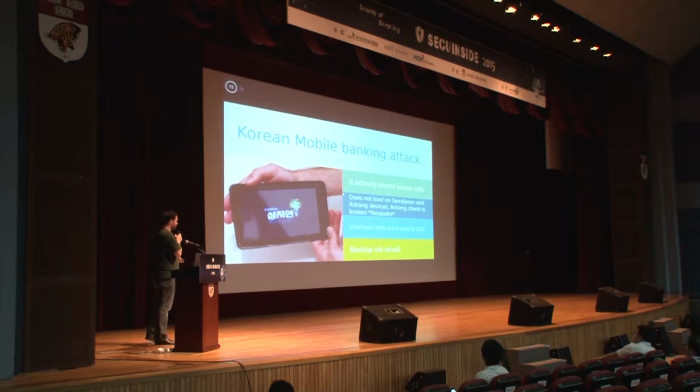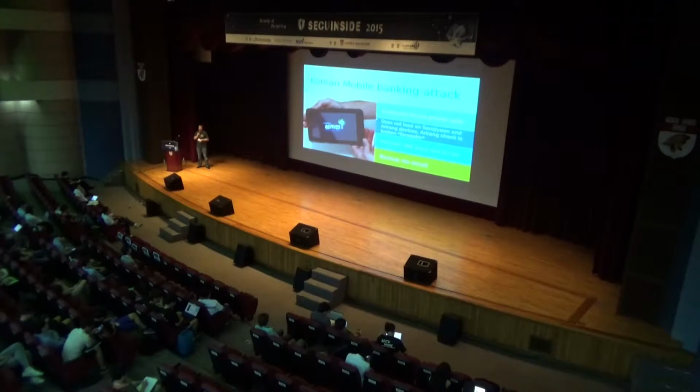Interesting was that they had two devices which were supposedly blocked from loading the second stage of the malware, which was Samjeong and Arirang, which are North Korean Android devices.